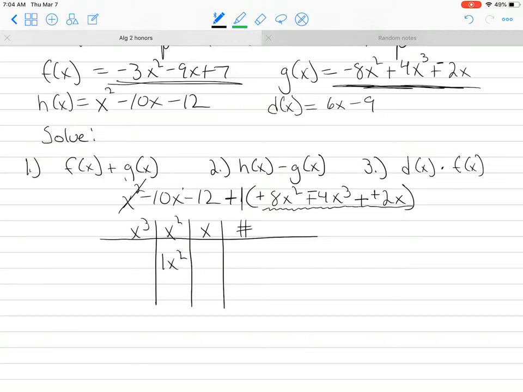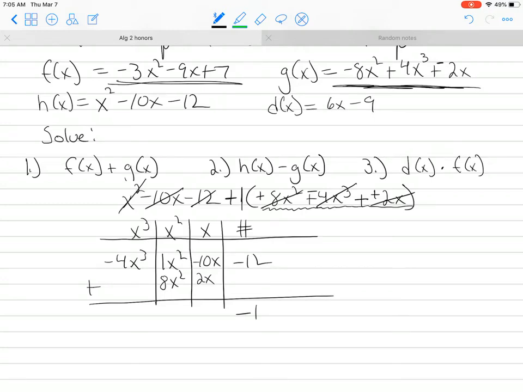1x squared minus 10x minus 12, 8x squared minus 4x cubed plus 2x. And again, the whole point of this is we're never subtracting, so we always end up adding.